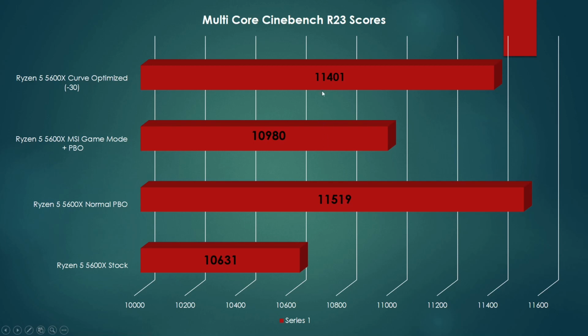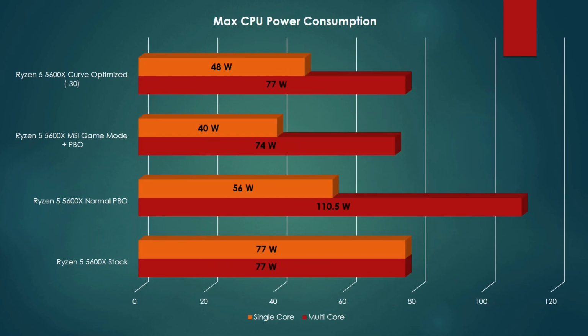That 118 out of 11,000 is a minuscule part. It's maybe 1% or 2%, so that doesn't matter at all. So I'm able to get 99% of the score with around 60% of the power. That is a really awesome increment of efficiency for that CPU. So that is really good.